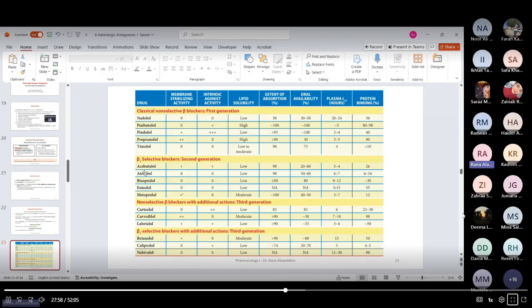These are the second generation. And we have the third generation. Third generation non-selective, third generation beta-1 selective, okay? We need to know these drugs, all of them, not with the table, of course, just the names of the drugs and which class they belong to.